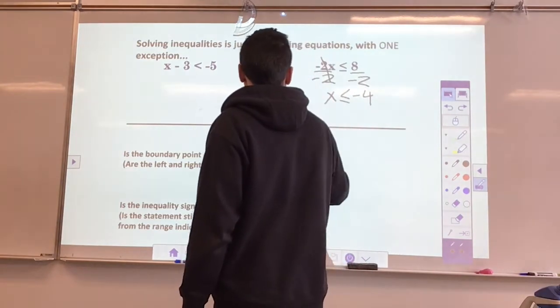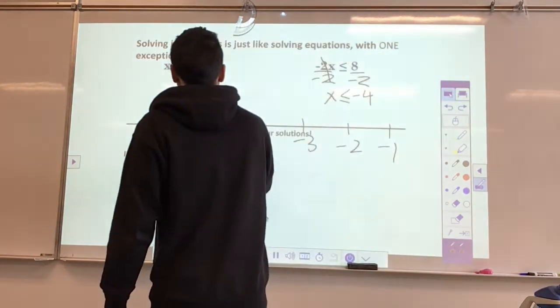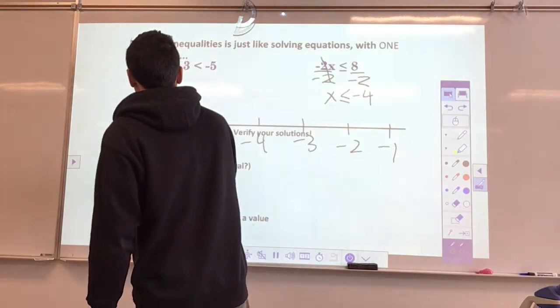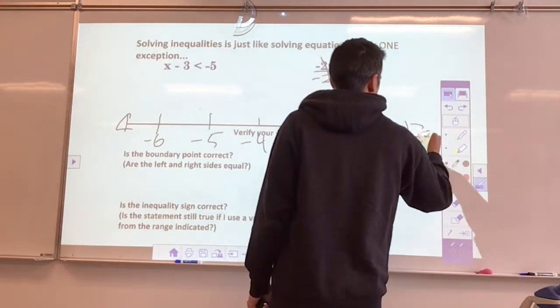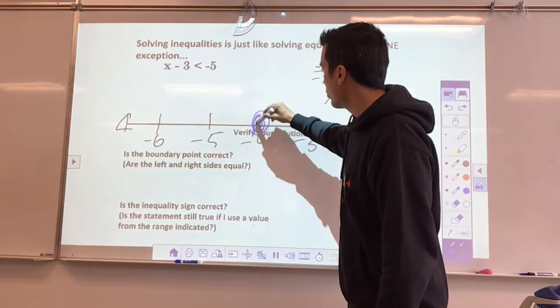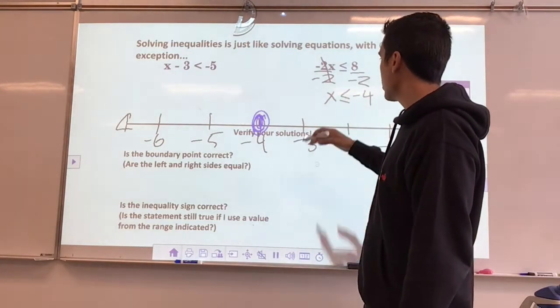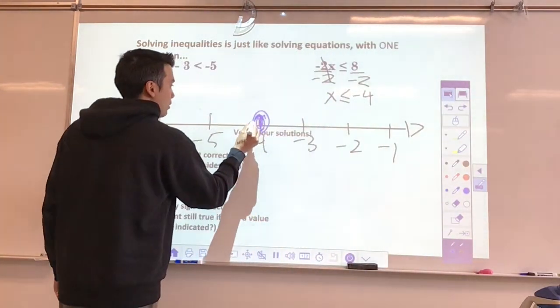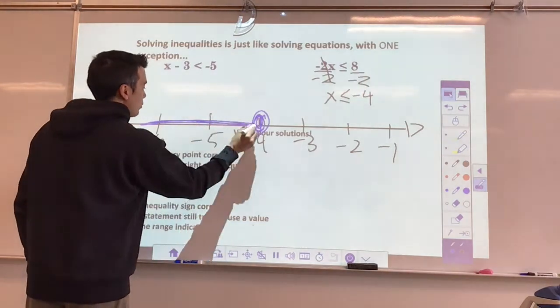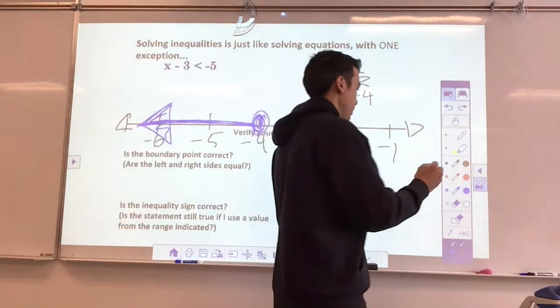I'm going to represent this solution graphically, and my boundary point is at -4. It's a closed circle because it's less than or equal to. My values of x have to be less than -4, but also including -4, so at first glance they're going this way.